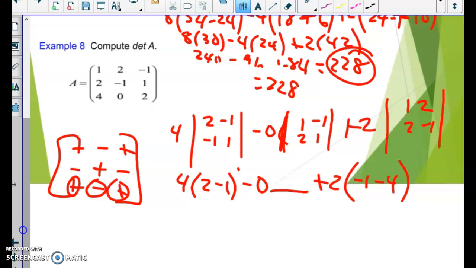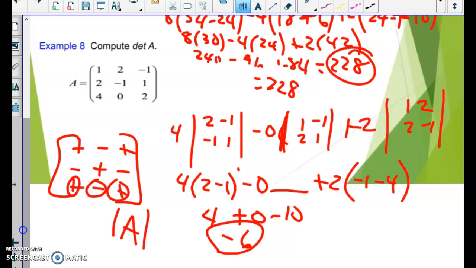And I end up with 4 plus 0 minus 10, which gives me a negative 6. And it's okay for it to be negative. So we would say that DET of A equals negative 6.